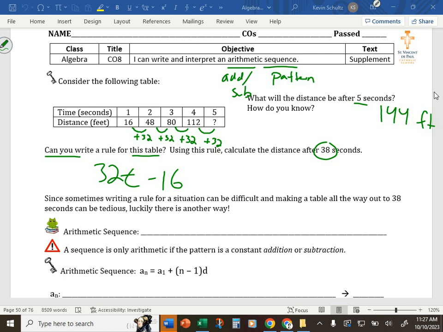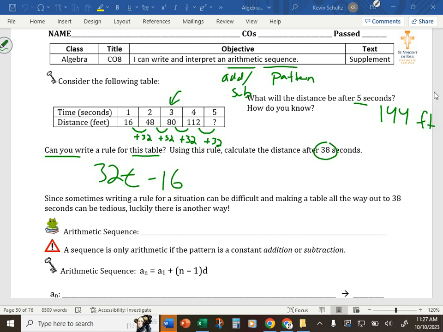Okay, should we test this? If we plug in 3 into this expression here, what should it equal? Based on the table, if we plug in 3 into this expression, what should the result be if it works? Not 112, 80, right?